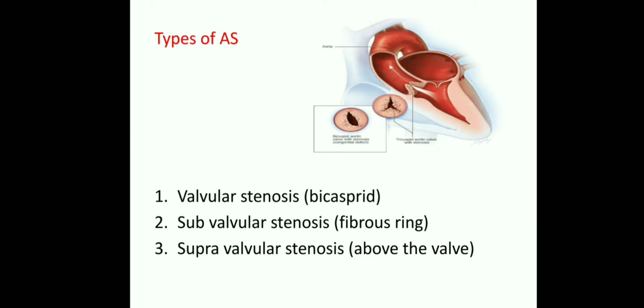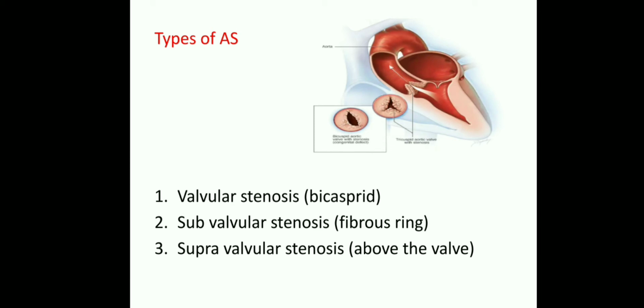Valvular stenosis means at the level of the bicuspid valve, the narrowing is there. Subvalvular means below the bicuspid valve, a fibrous ring is forming, so the left ventricular blood is unable to be pumped to the aorta. Next, the third one is supravalvular stenosis, where the narrowing is above the valve.